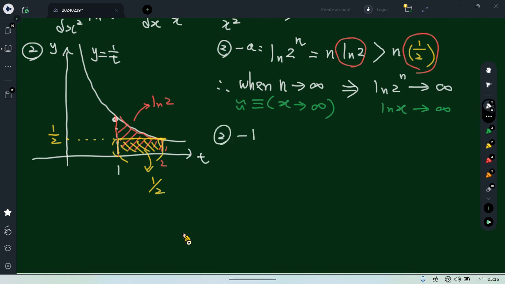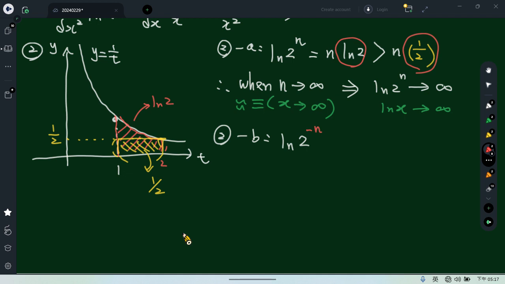For the B part, we also can try to do this with minus n. What is minus n? The first point will be 1/2. The second point, n is 2, is 1/4. 1/2, 1/4, 1/8.